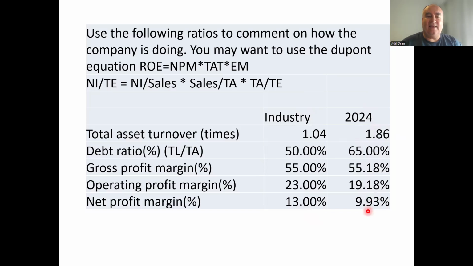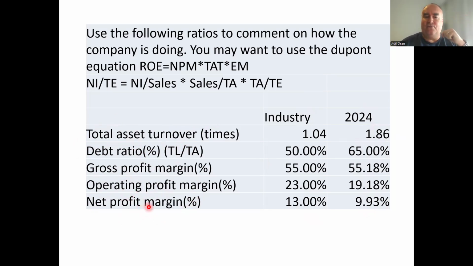We actually could do this analysis by just using the total asset turnover, the debt ratio, which we're going to use to determine the equity multiplier. I will show you how we can calculate that. And we actually don't need the gross profit and operating profit margins. Just the net profit margin would be sufficient.